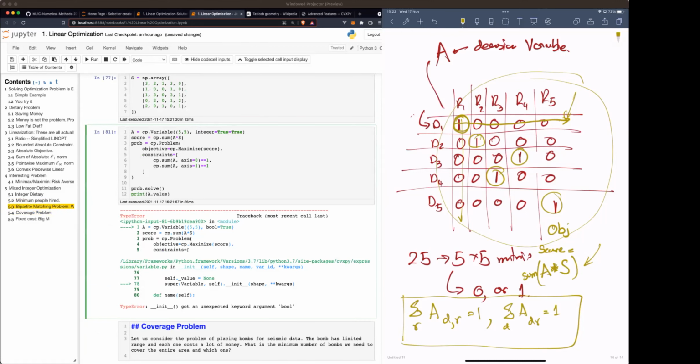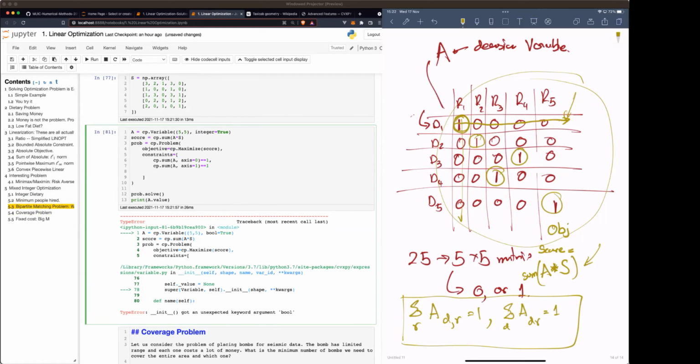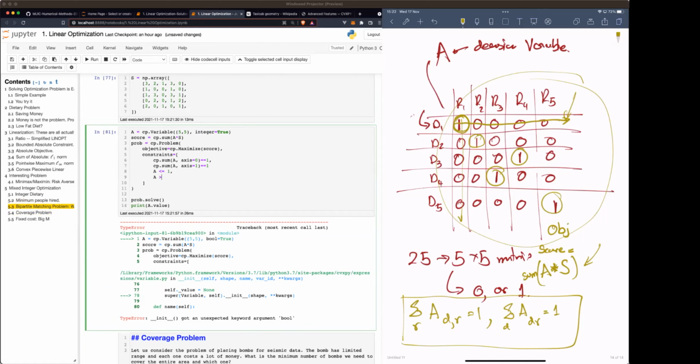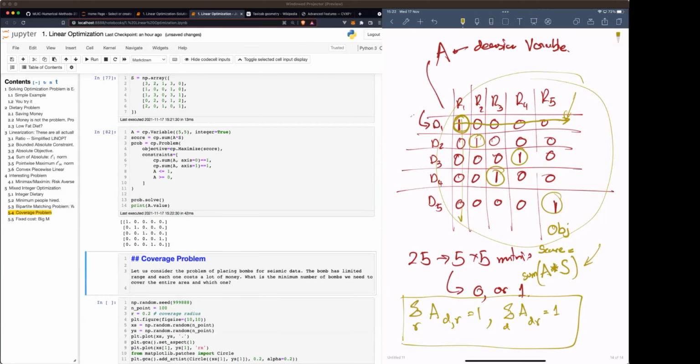Integer is equal to true, and then I just say that A is between 0 and 1. A is less than or equal to 1, and A is greater than or equal to 0. Okay, there. That's what you need to do to get the maximum.